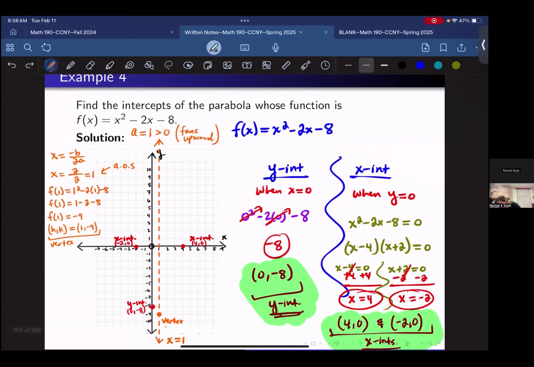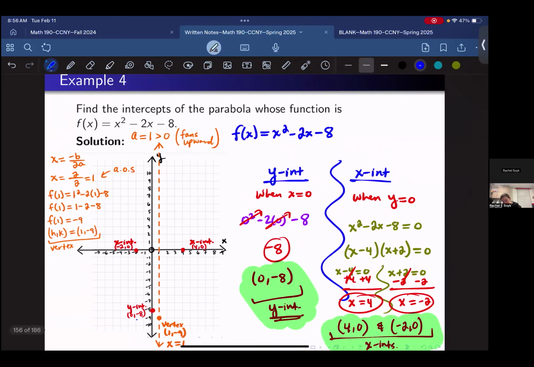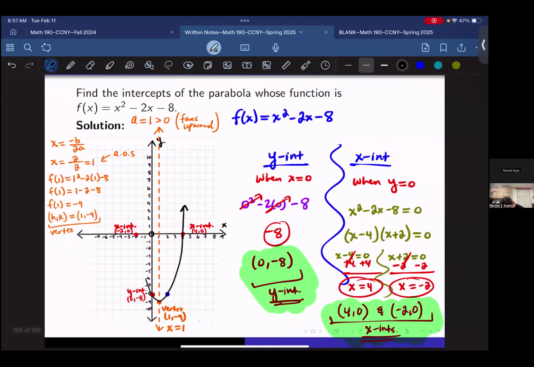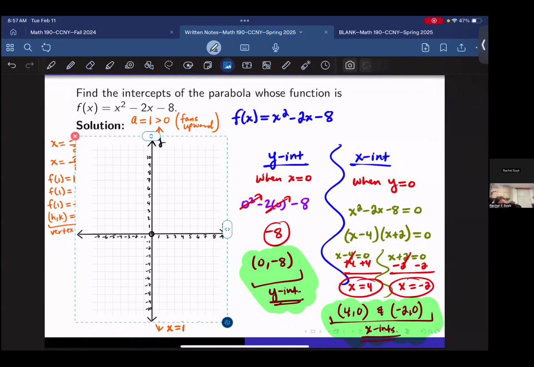Always label your stuff so that you can get full credit for problems like these. If our y-intercept is (0, -8), let's reflect over our axis of symmetry line, put in that (2, -8) point, and then finally, let's connect some dots. Write out our function.